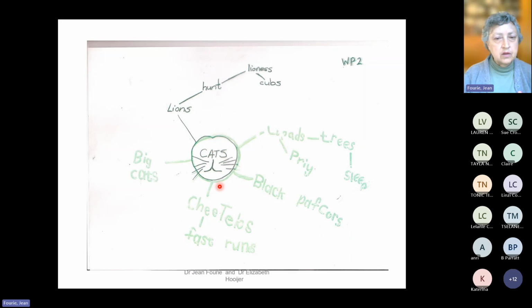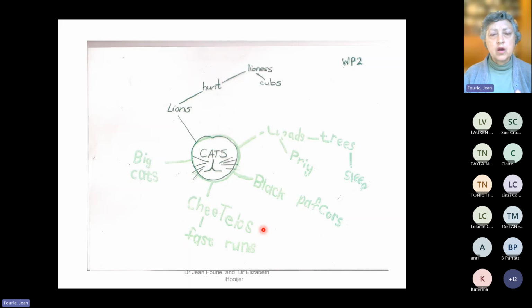What other wild animals do you know about? And the child says, I know about cheetahs, and spells cheetah C-H-E-E-T-E-B-S, cheetebs. I think cheetah is spelled with an H, cheetahs, on the end. We'd have to check in our dictionary how to spell cheetahs correctly.